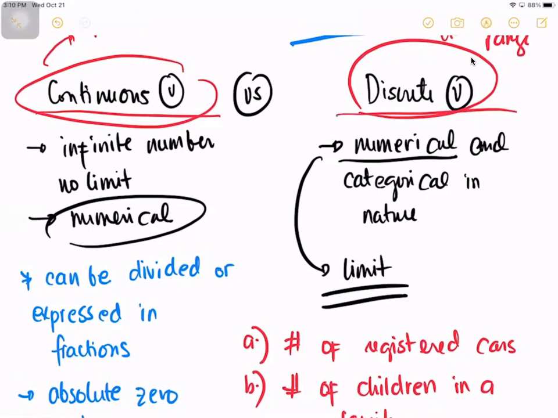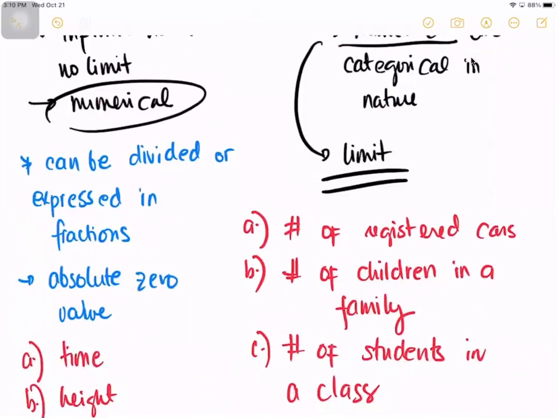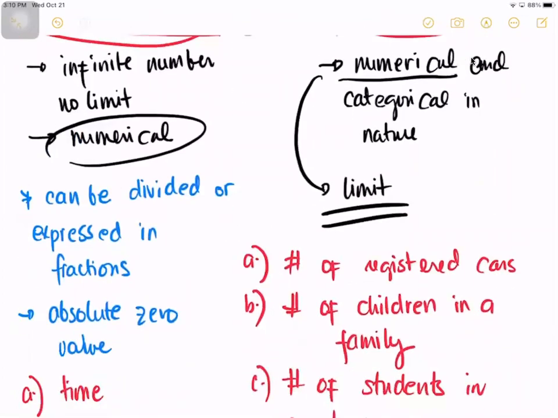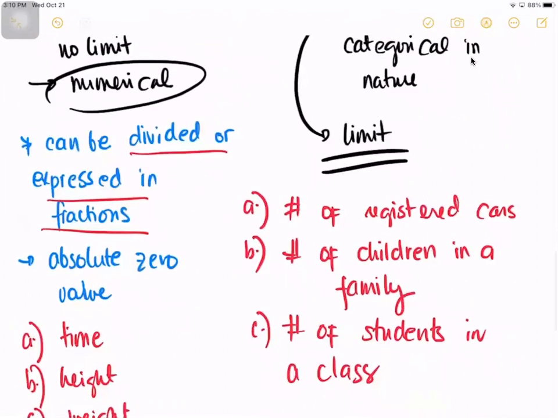So that's the numerical characteristic of a discrete variable. However, we also mentioned that a discrete variable can also be a categorical variable. We will talk more on that later in this lecture. And we also mentioned that our continuous variable can be divided or expressed in fractions, and therefore it has an absolute zero value.